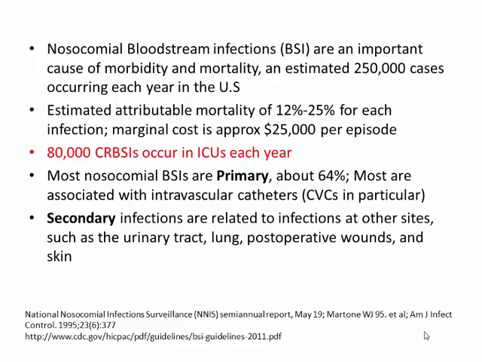If you go only into the ICUs, about 80,000 of those 250,000 cases occur in the ICUs in our country each year. Most of them are primary, about 2/3, and they're associated with intravascular catheters, in particular central venous catheters. You can have secondary infections that are usually seated elsewhere, like the urinary tract, lung, post-op wounds, and skin.